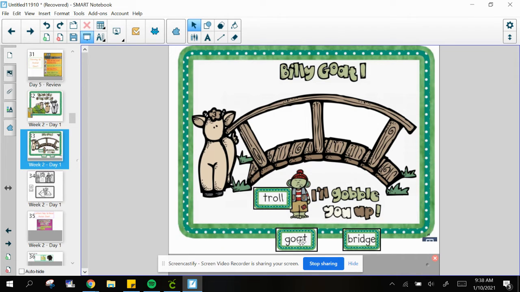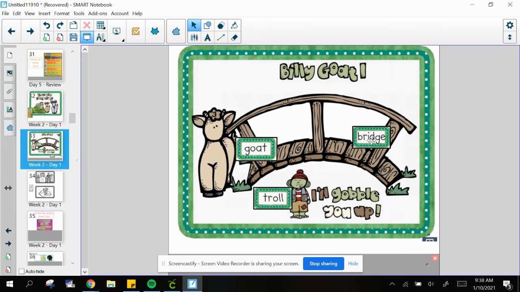With the letter G. So we can move this word next to our goat. Let's take a look at this word. This word starts with the letter B. And what sound does B make? B, B, B. Is there anything in this picture that starts with the B, B sound? Bridge, yes. So we know that this is the word bridge.